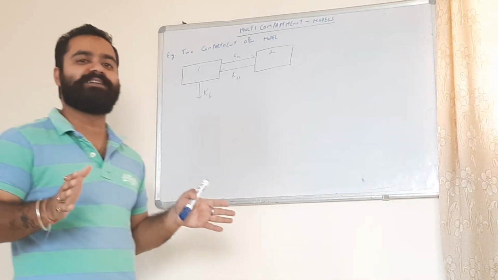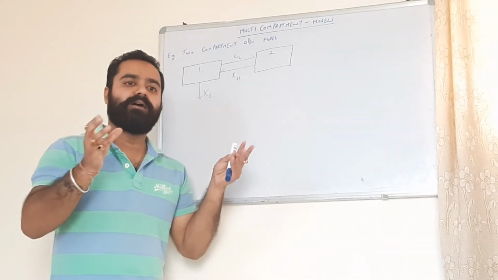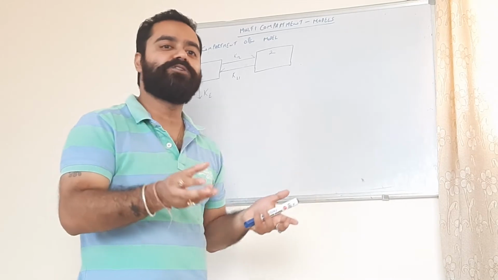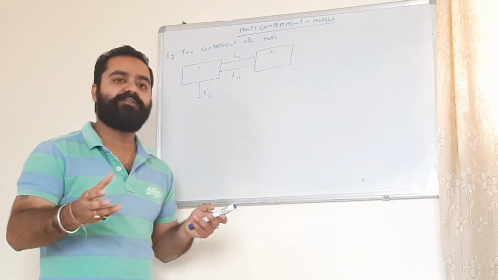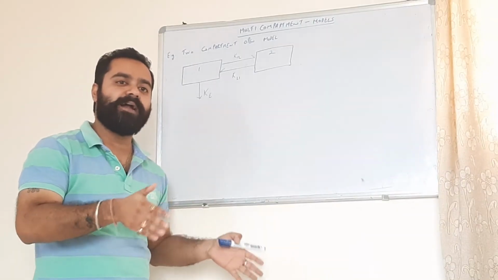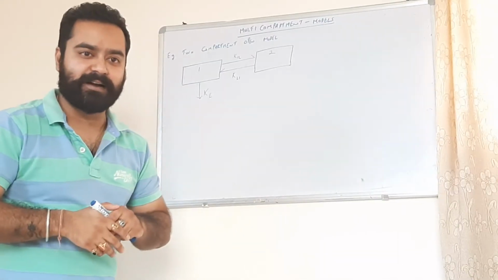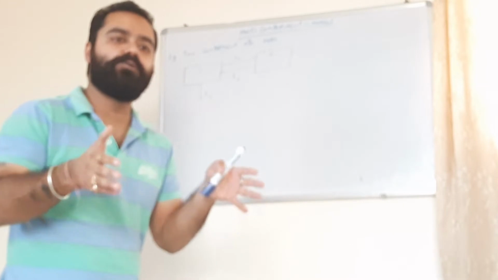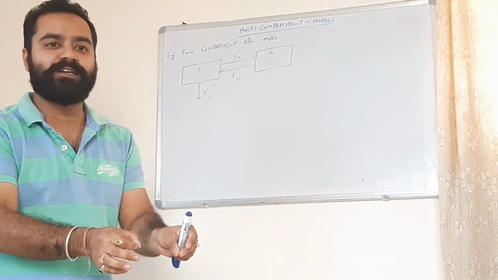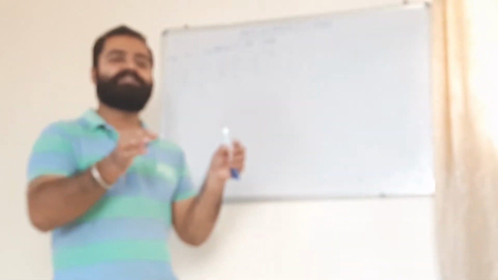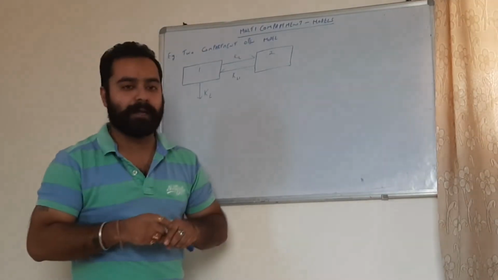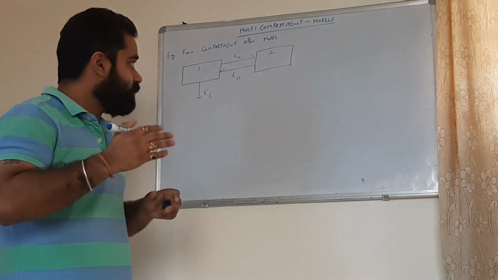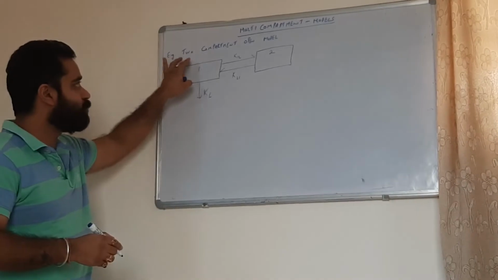Because the body is considered to be a combination of heterogeneous complex tissues which have different rates of blood flow and different affinities for the drug. That is, all body organs do not equilibrate or have the same affinity for the drug, or achieve the steady state at the same time. Okay, now for this we are considering a two compartment model.